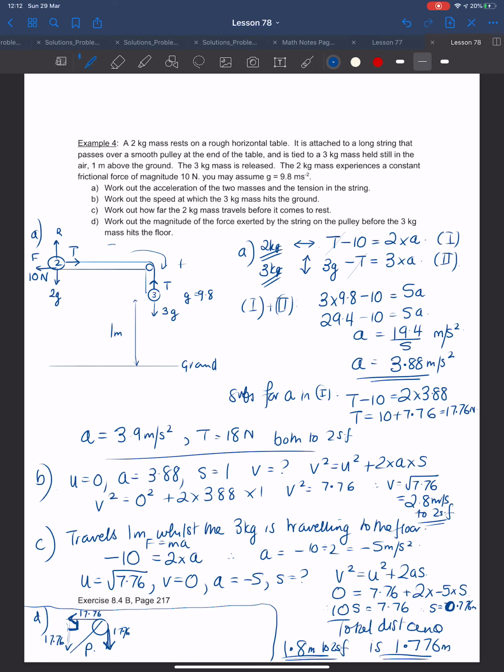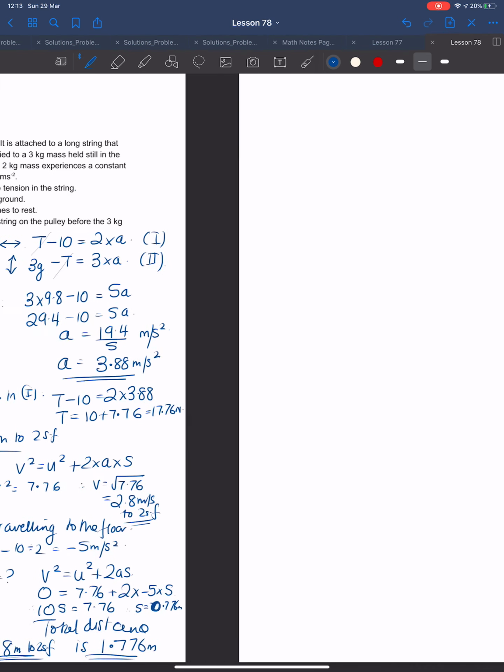It's horizontal and vertical. So P squared is 17.76 squared plus 17.76 squared. So P is the square root of 2 times 17.76 squared, which is 25 newtons to 2 significant figures. Okay, that concludes that one.